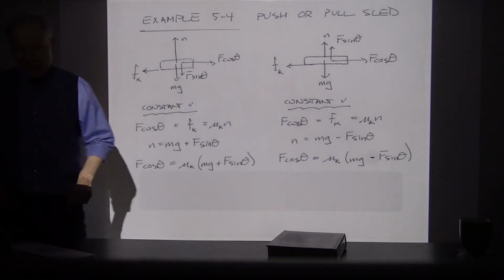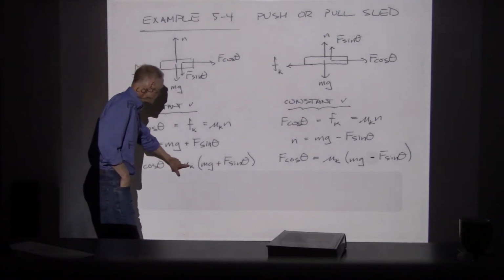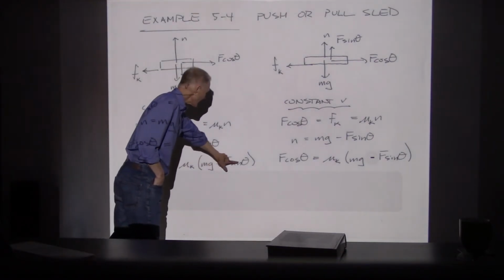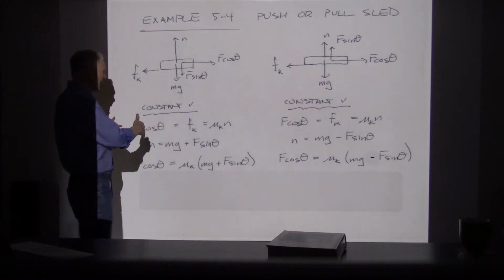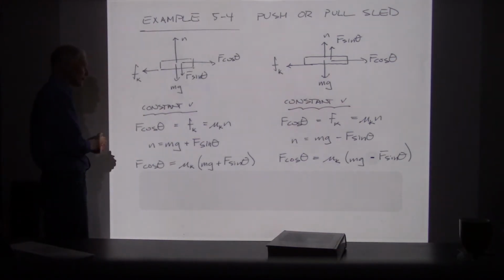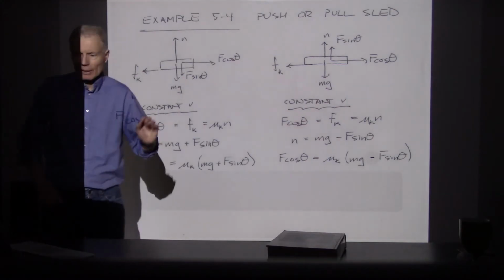What we said is that F cosine theta is equal to mu sub k mg plus F sine theta. So we haven't isolated F yet. We've shown that F is going to need to be bigger in this case compared with this one, but we haven't got it in final form yet.